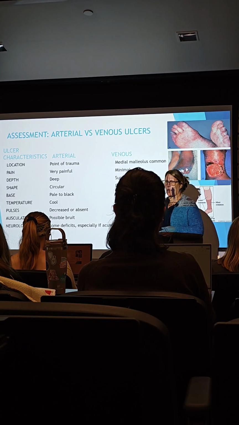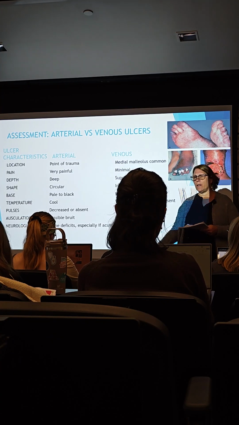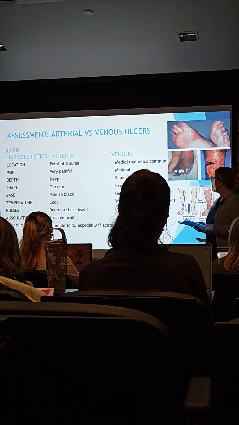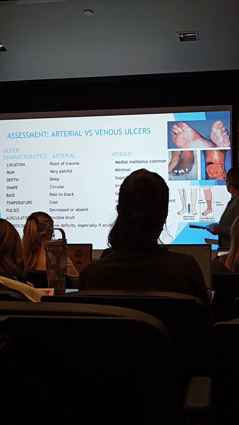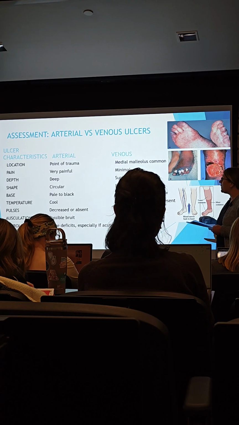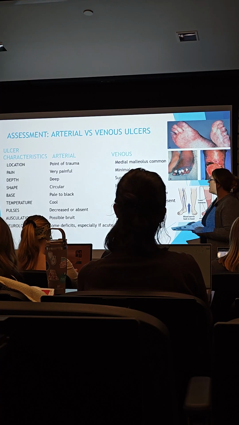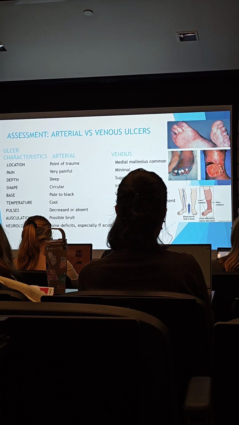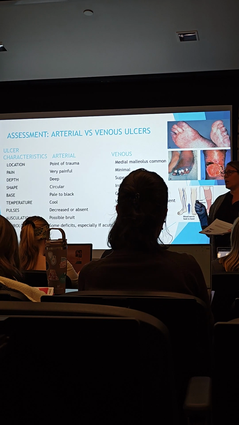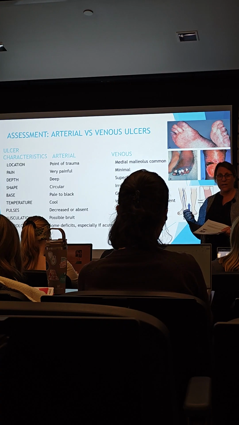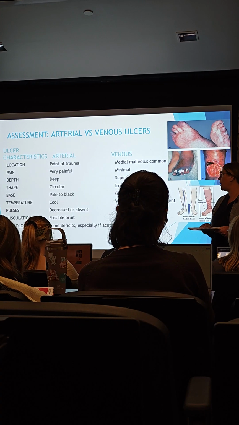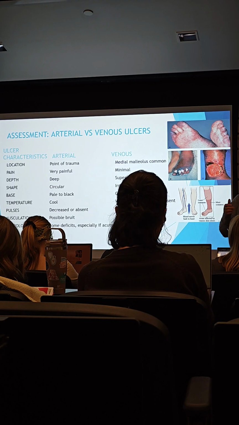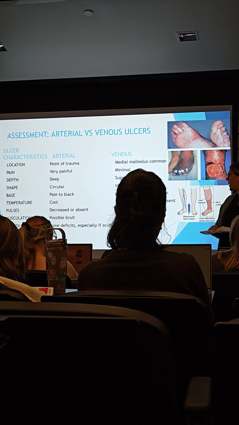I talked about point of trauma, so somebody has a blunt or traumatic injury to their lower extremity, that can definitely damage the arteries. These wounds are painful. So these are the patients that you're going to want to pre-medicate before you do that dressing change, right? And you're going to use saline when you're removing the dressing because pulling on it is very uncomfortable.